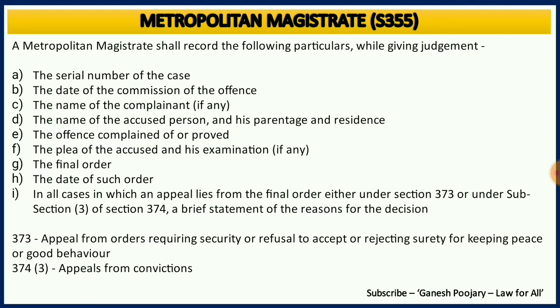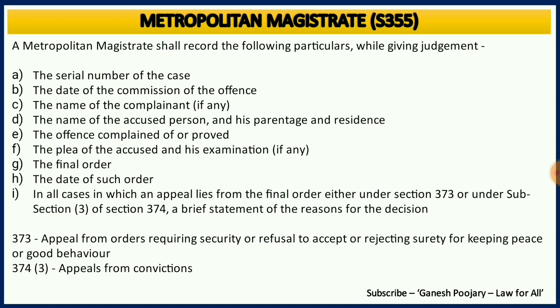Section 355 is very easy, which covers the particulars that need to be covered by a metropolitan magistrate. What are the particulars to be covered? The serial number of the case, the date of the commission of the offense, the name of the complainant, the name of the accused person, his parents' details and residence, the offense complained or proved, the plea of the accused and his examination, the final order, the date of such order, and if any opportunity is given to make an appeal under section 373 or 374 subclause 3, the reason for the same needs to be given.